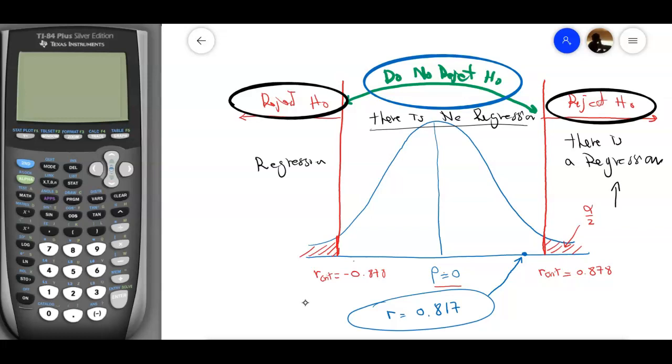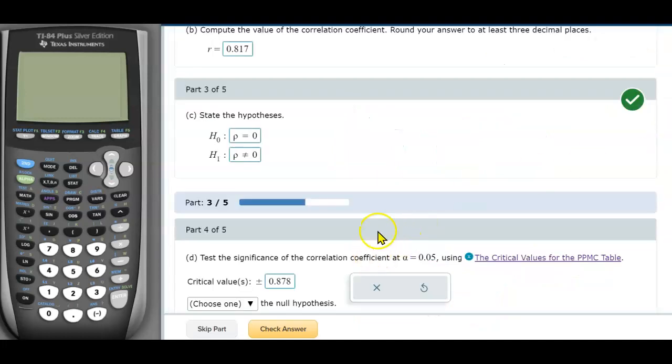You want to have a regression and you want to make a simulation, right? However, in this case, sadly, R is not falling into the regression zone, so I have to conclude no regression. Therefore, I cannot make any calculation, right? So we go back here.